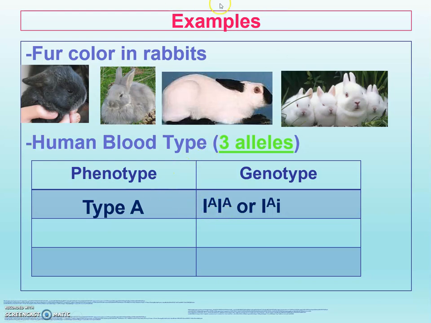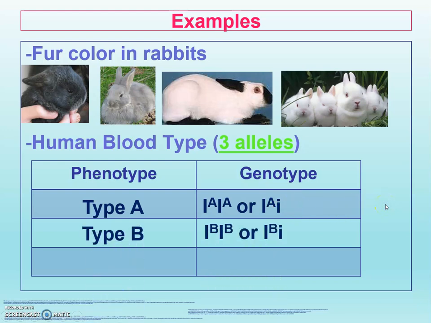If you're type A blood, you will have the allele for A. So you can be homozygous, so I^A I^A, which means that you receive this allele for type A blood from mom and from dad, or you could be heterozygous, in which you received an A from one parent, but the allele for O from the other parent. So a little i is for the allele for O.